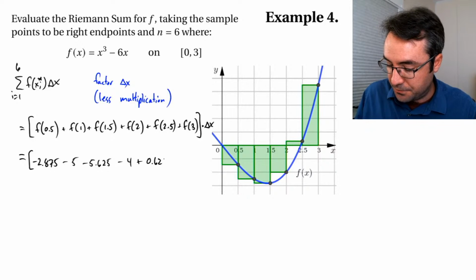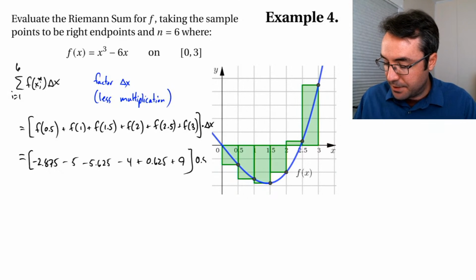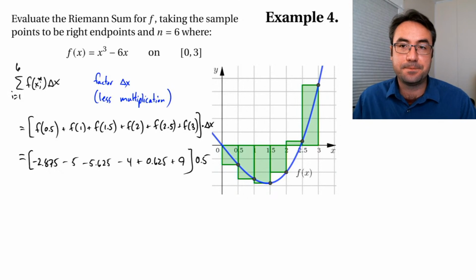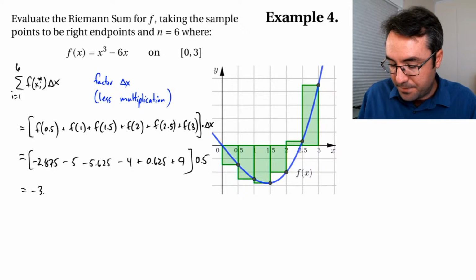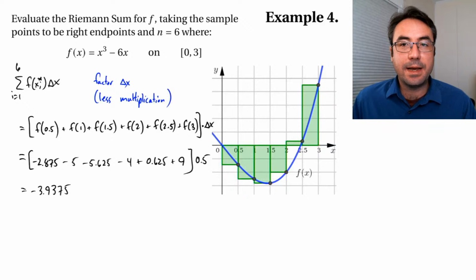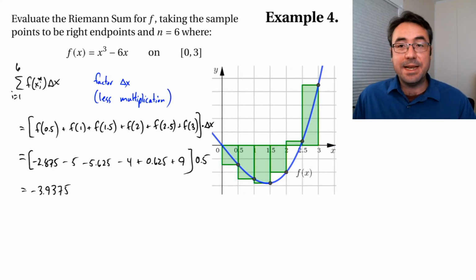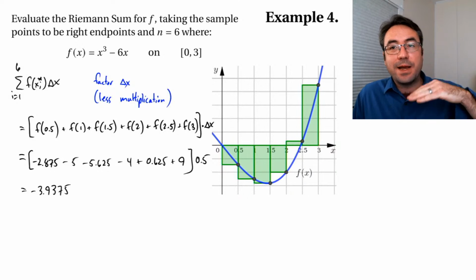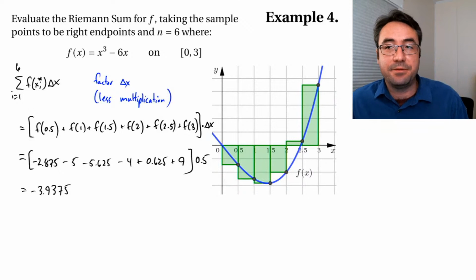So 0.625 positive, and then finally 9 for our last height there. And then delta x we calculated was 0.5. So we do all the arithmetic there, and what we end up with is negative 3.9375. And why is it negative? Well, some of those rectangles were below the x-axis, so those are giving us the negative values.